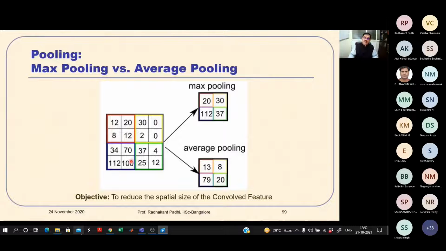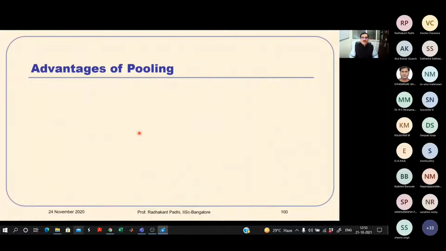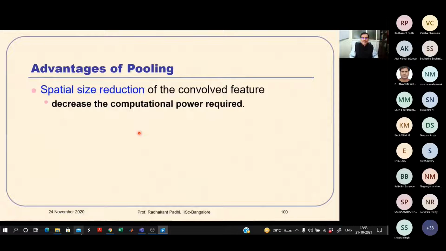In that backward processing, suddenly the distribution of numbers becomes very sharp. All these values will be 20, all these will be 30, all these 112, all these 37. So we can see the image enhancement happens in a very big way. The rest of the things are gone, right? That is where this kind of noise suppression feature comes in.